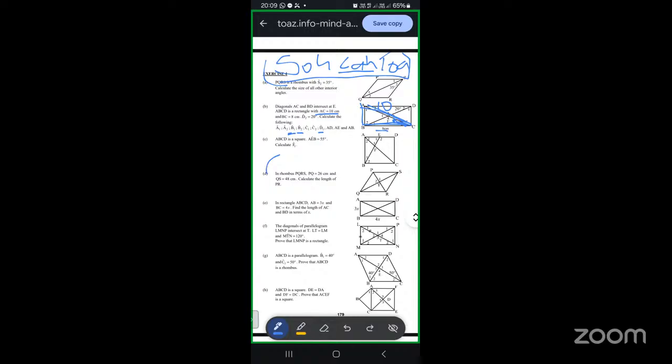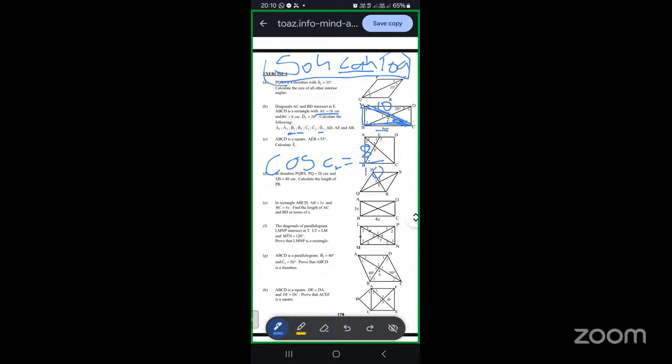Therefore, I will have cos of that unknown angle C2 equal to adjacent, which is 8 centimeters, over hypotenuse, which is 10.